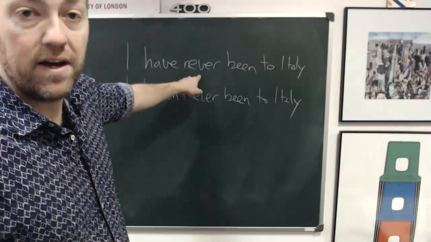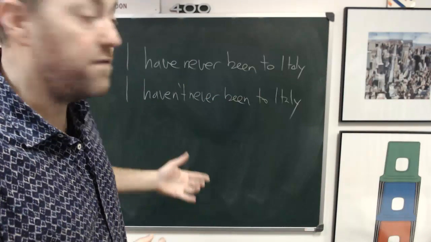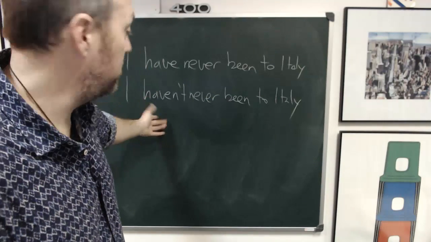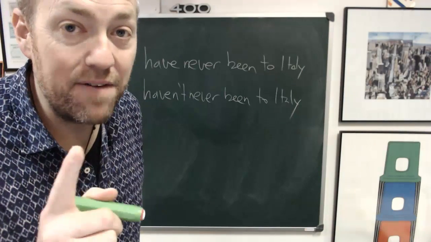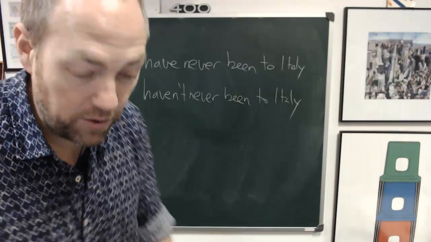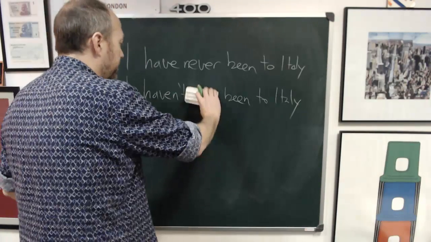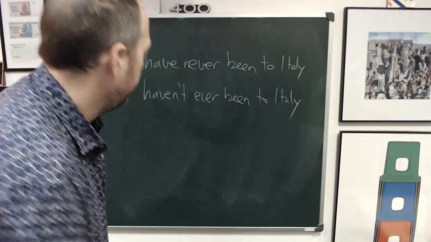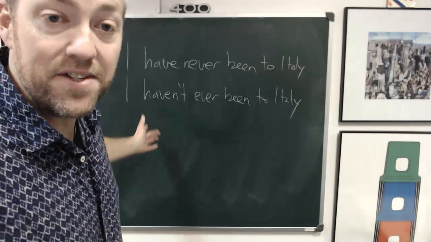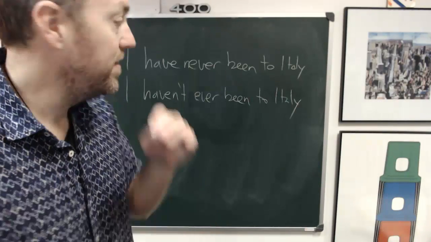Affirmative, negative. But if we have a negative sentence, I haven't never, you cannot have a double negative. So we have to use the affirmative ever. I haven't ever been to Italy. This is perfect.